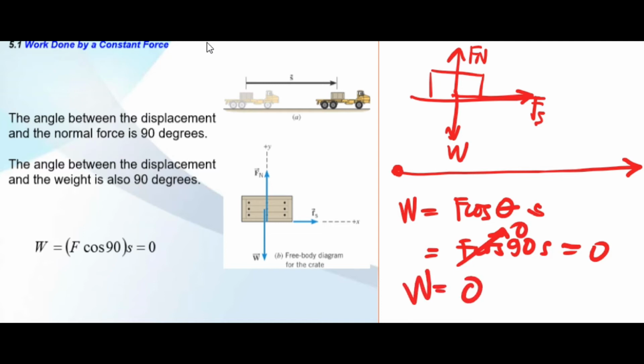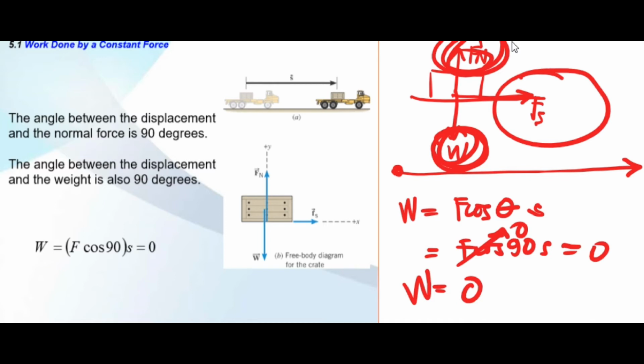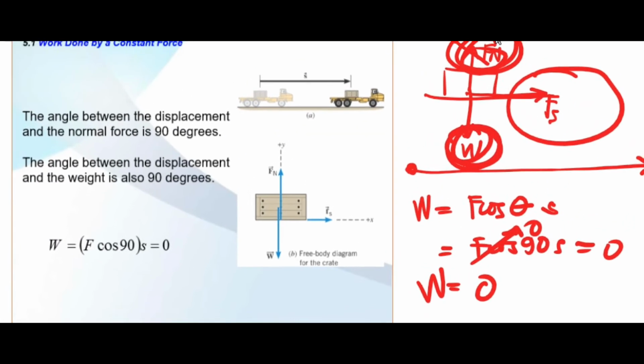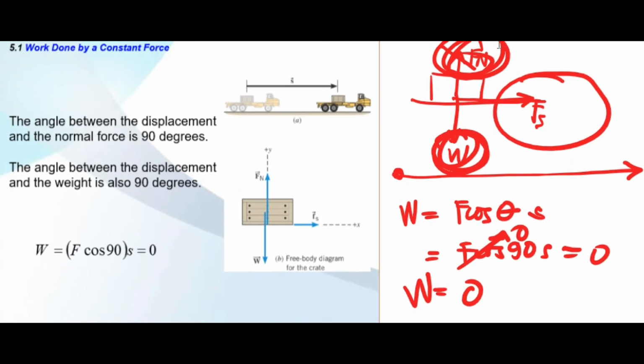Therefore, there is no work being done on the crate by the weight and the normal force. Therefore, the only force that does work on the crate is the static frictional force. So, no work is done by the normal force and the weight. Only the static frictional force.